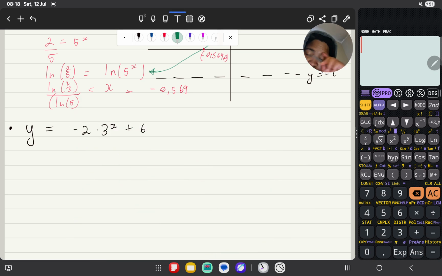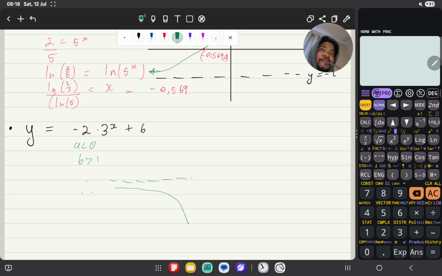So here you have minus 2 times 3 to the power of x, plus 6. We see that a is smaller than 0, b is greater than 1, and therefore your graph is going to look something like what? Because a is smaller than 0, we have our asymptote, right? And our graph is going to look something like this.